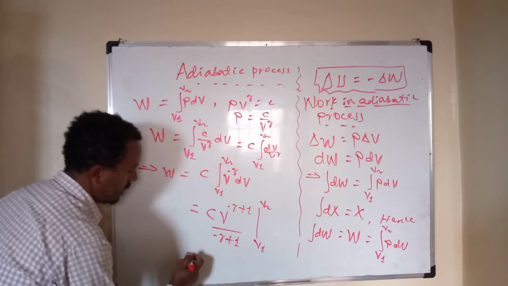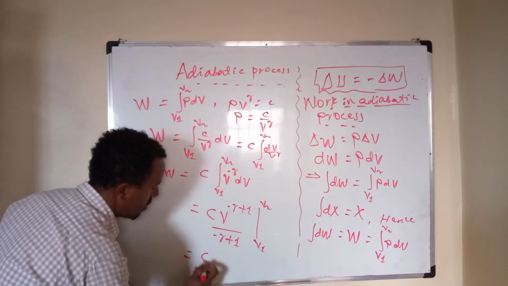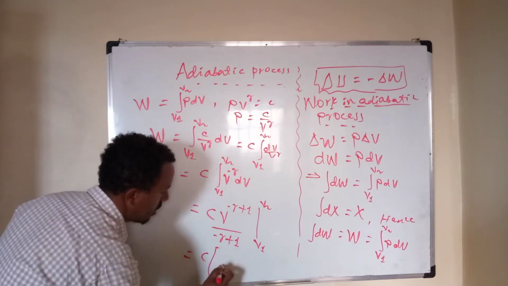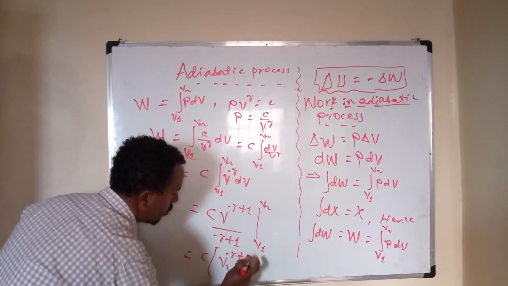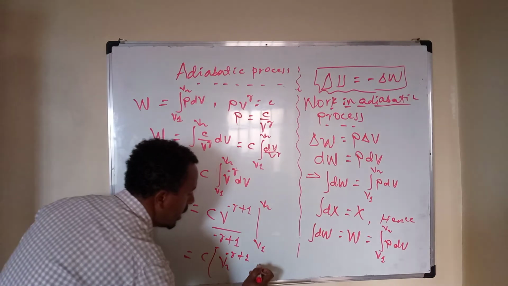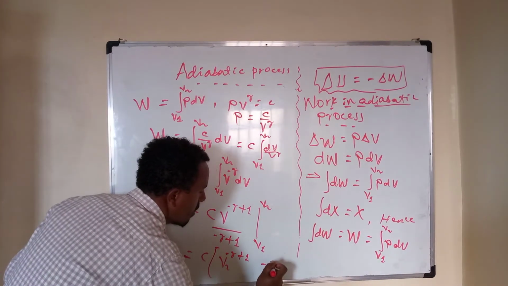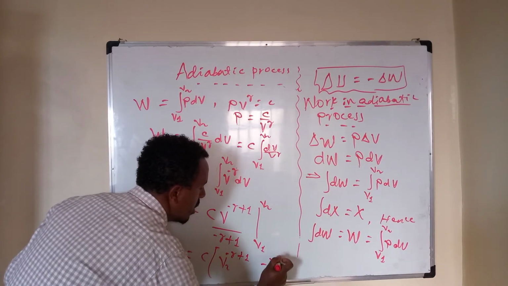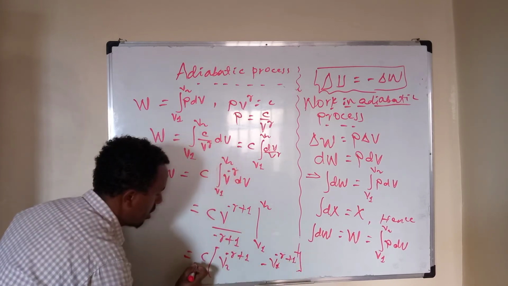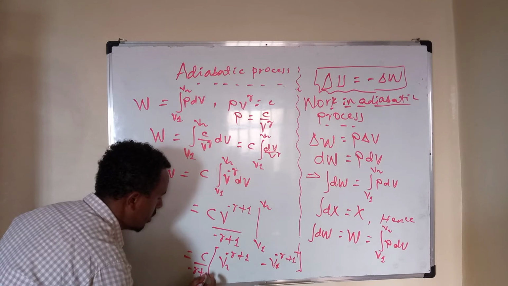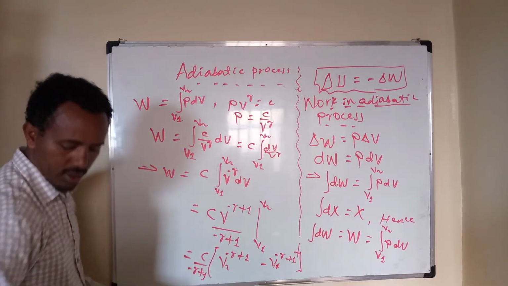So this is equal to C into V2 raised to minus gamma plus 1, minus V1 raised to minus gamma plus 1, over minus gamma plus 1.